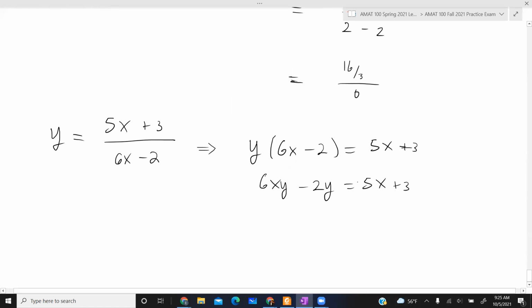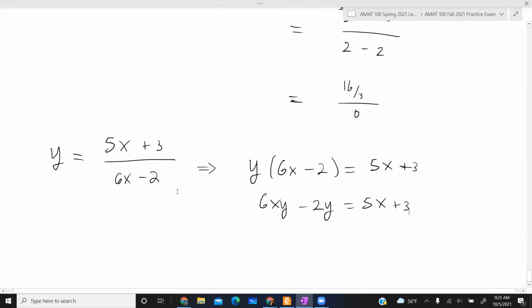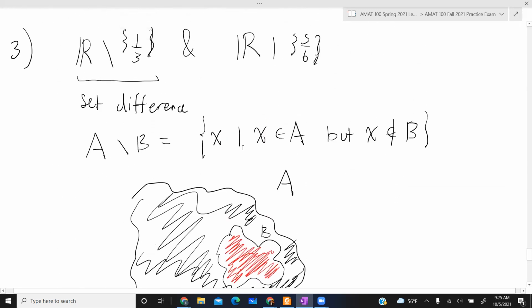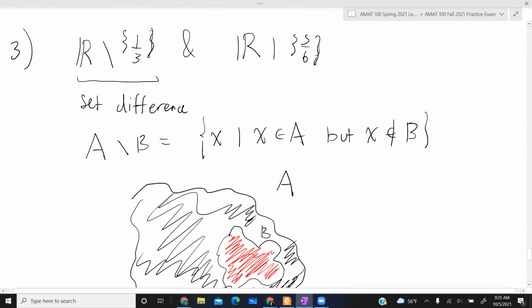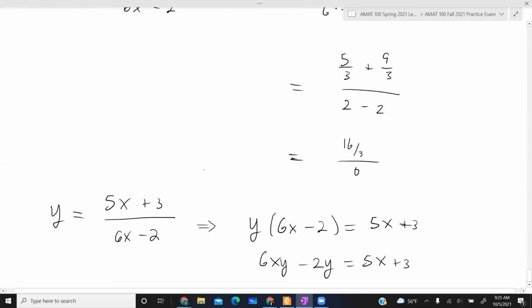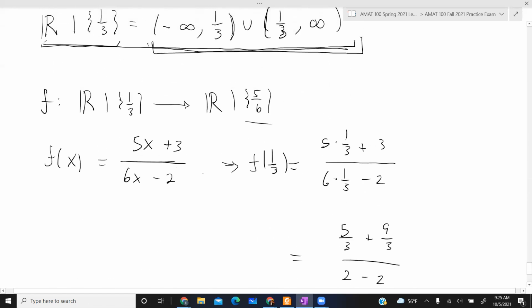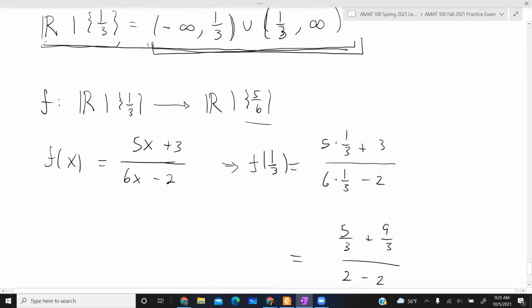That's not working right. What am I doing here? First of all, I want to say you don't have to do this. I just wanted to explain what this notation means. You don't have to write all this down on the exam, like, oh, A minus B is defined as this, and then draw this picture here, and then explain, oh, the reason why we have to take this point out is because it's a point where the function is not defined.